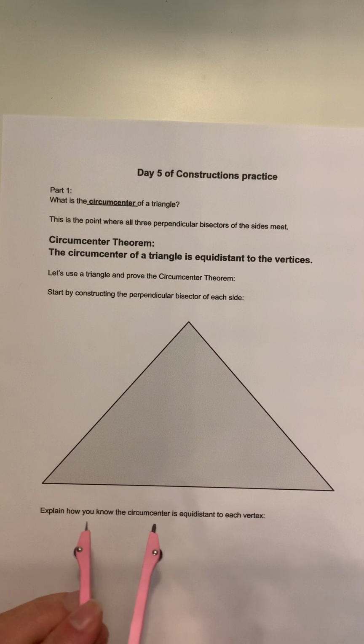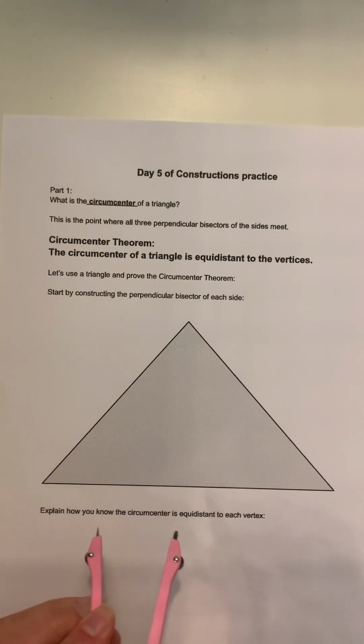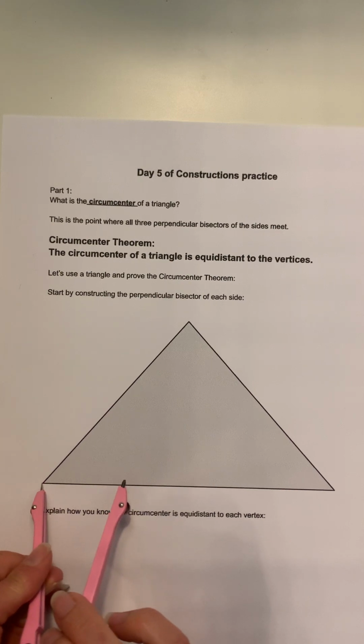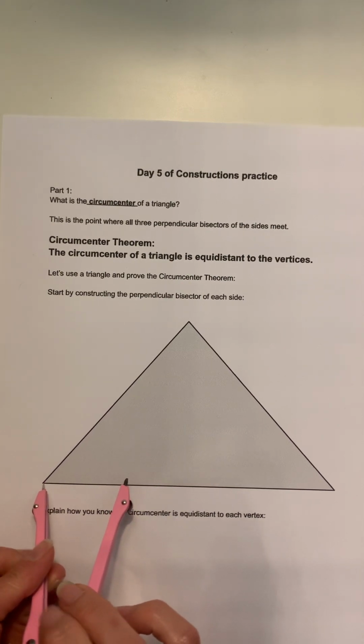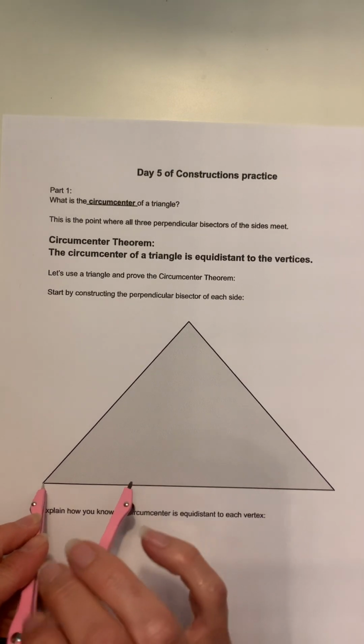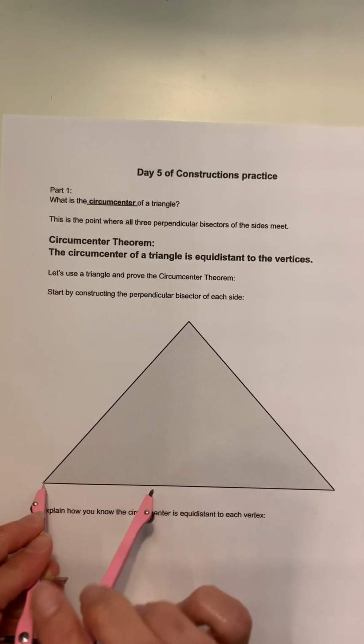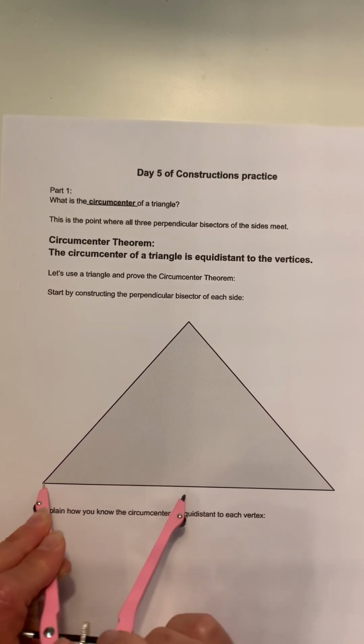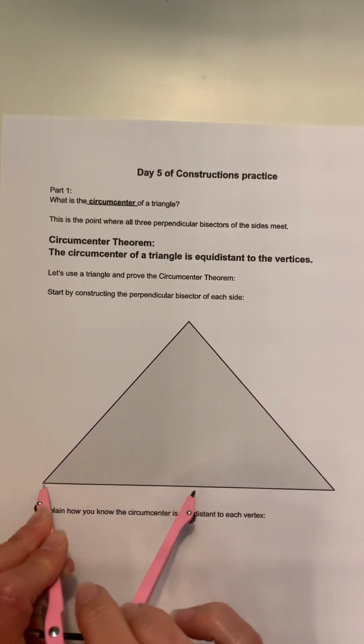So remember, when we are making a perpendicular bisector of a line segment, we want to stretch our compass out to go a little more than halfway across that line segment to make sure our arcs are going to meet each other.